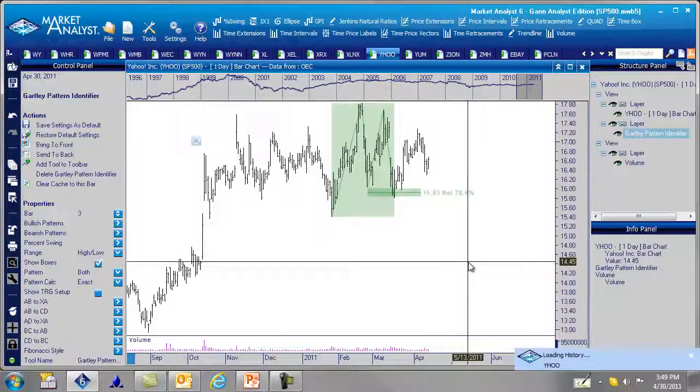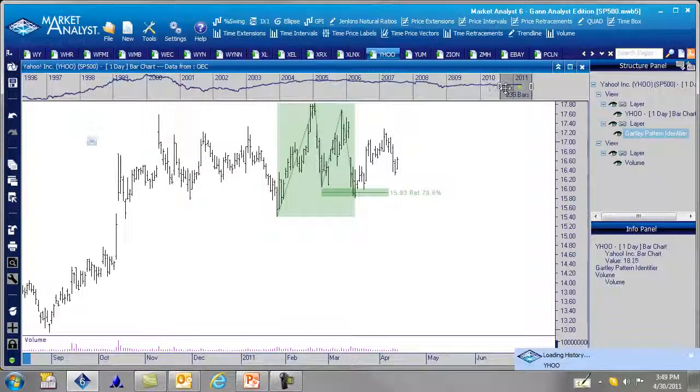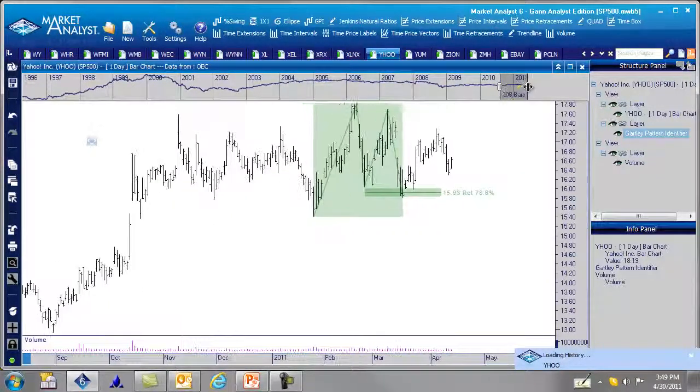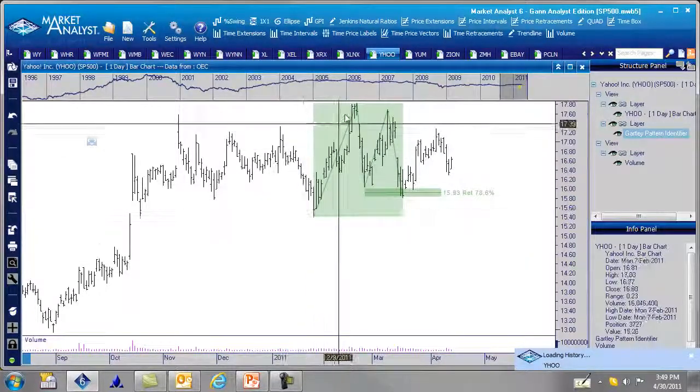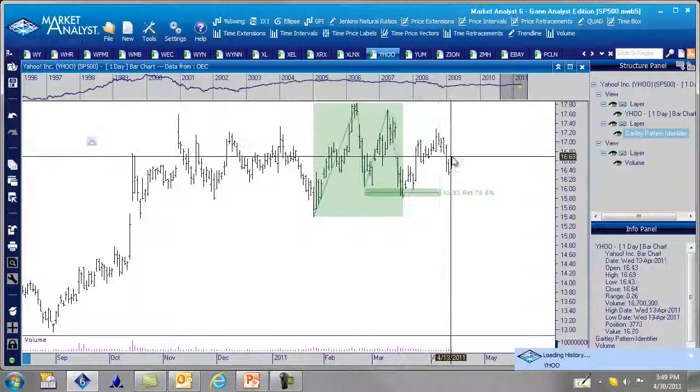So it's really easy to use. So that's one that just played out here in Yahoo recently. Trend continuation, trend, counter trend, hit 786, and there we go. Now let's have a look at the Gartley pattern scanner.